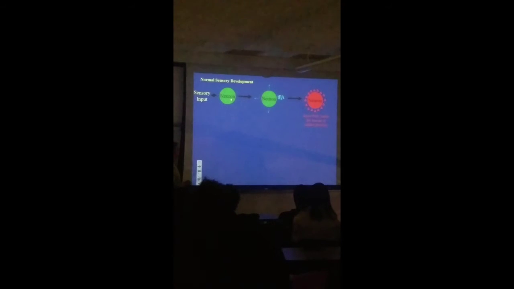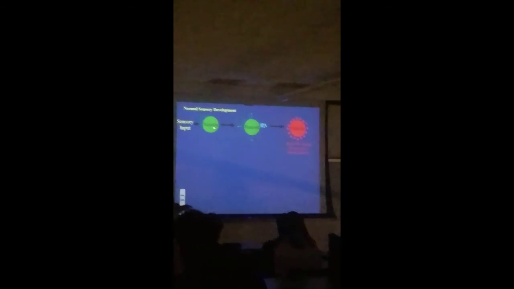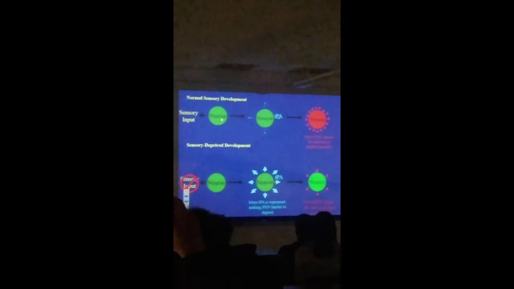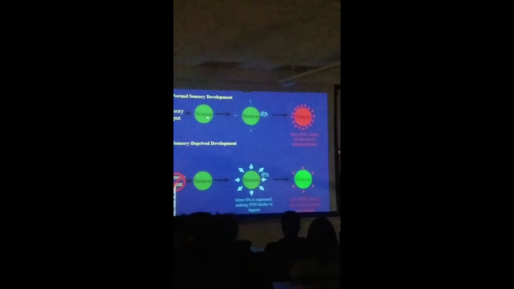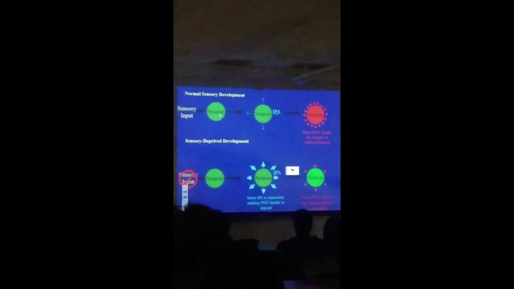So during normal sensory development, you have sensory input, a neuron, it releases some TPA, but not enough to prevent the perineuronal net from forming and really crystallizing the circuit as it should be developed. But in the case where sensory input has been deprived, that increases the amount of TPA, which results in less perineuronal net and allows more plasticity. Now, what's getting it there, we don't know, but our working hypothesis is that it's the microglia.